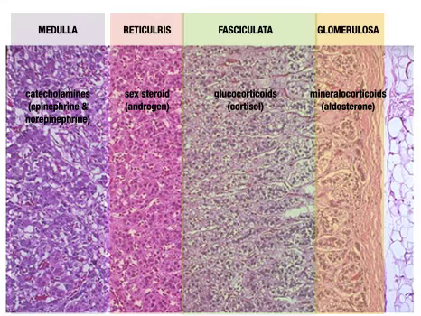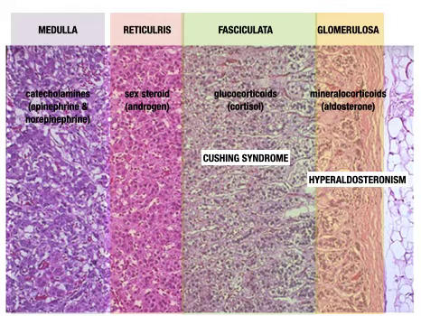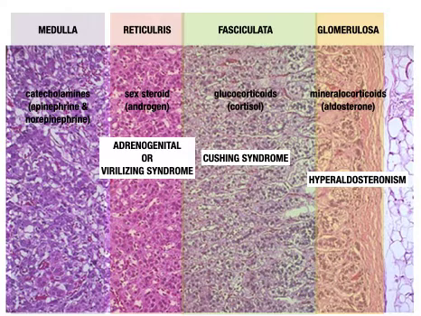So you have Cushing syndrome, which is characterized by an excess of cortisol. You have hyperaldosteronism, which is a result of an increase in aldosterone, of course. And then you have your adrenogenital or virilizing syndromes, which are generally caused by excess androgen hormones.